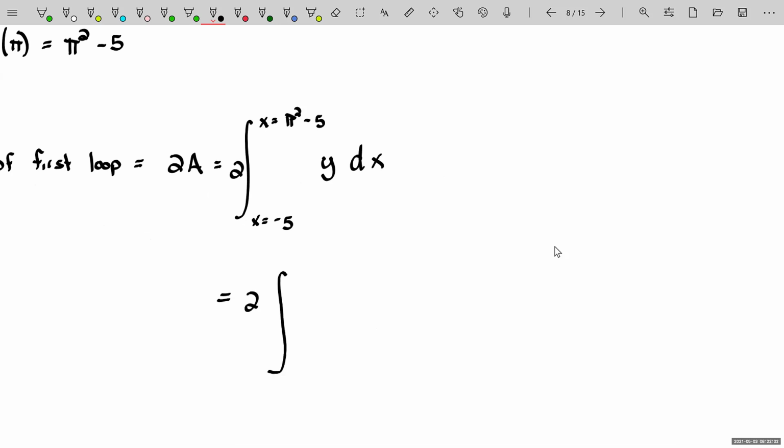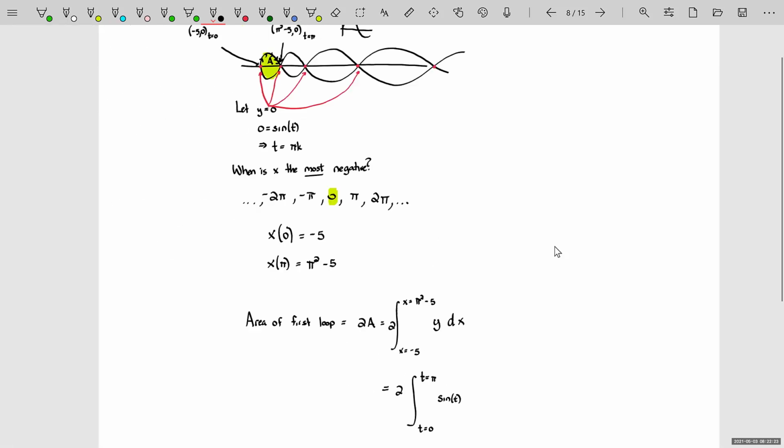When we switch into the world of t, time equals 0 is associated with x equals negative 5, and time equals pi is associated with x equals pi squared minus 5. The y value is sine of t, I think. Yep.